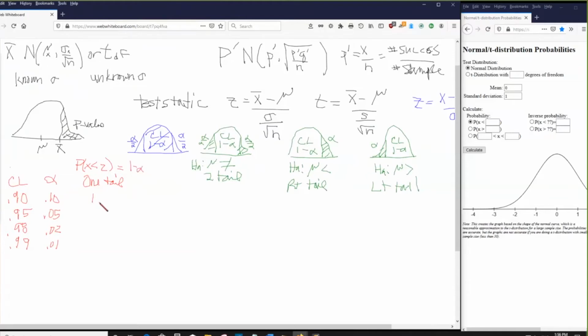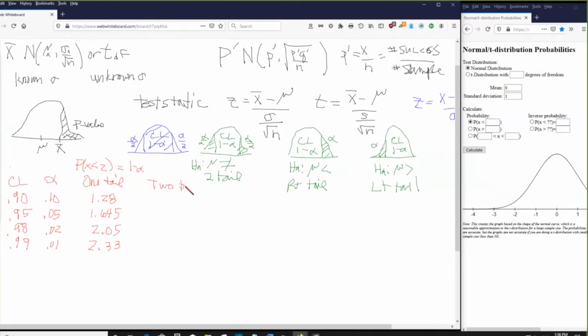So those are going to give me 1.28, 1.645, 2.05, 2.33, and I'll show you how we solve all of these, but I want you to be able to see these as a chart.